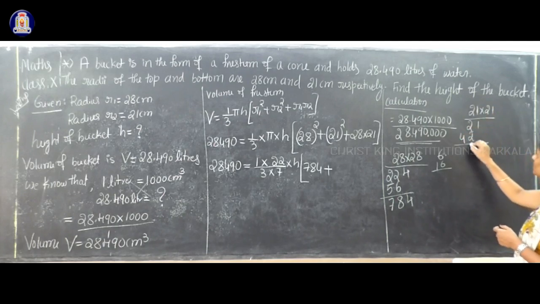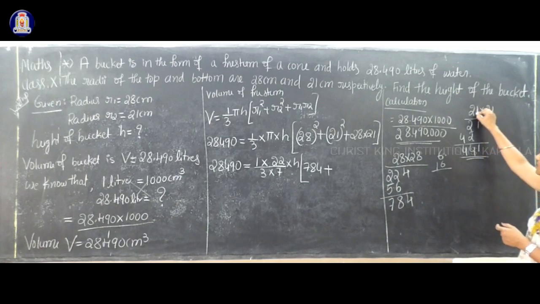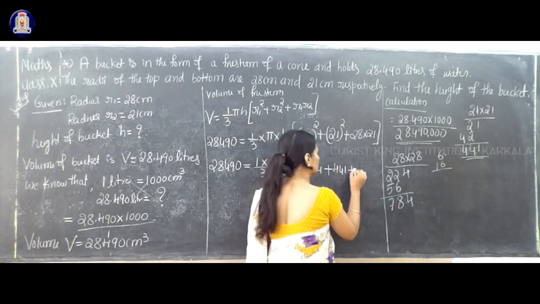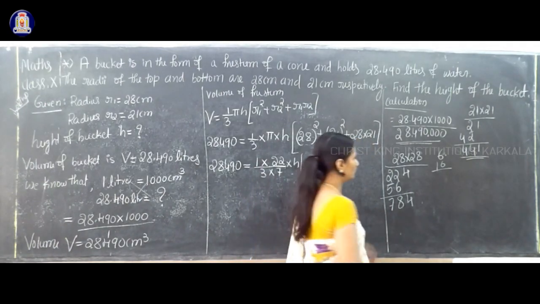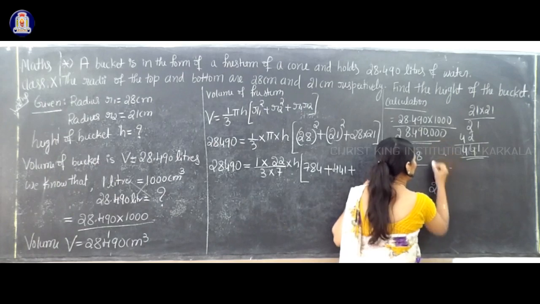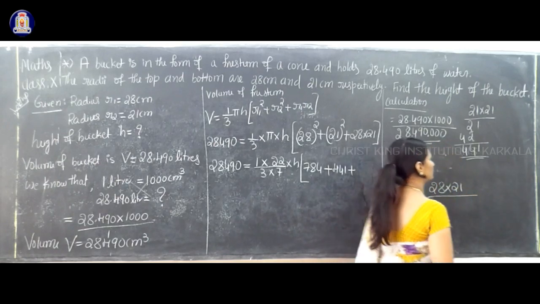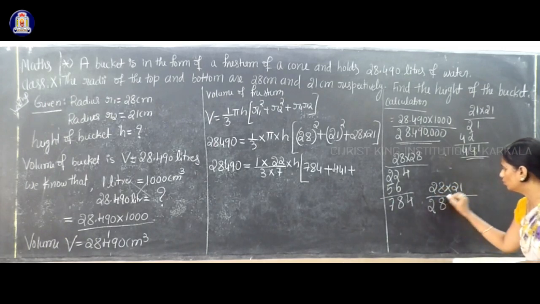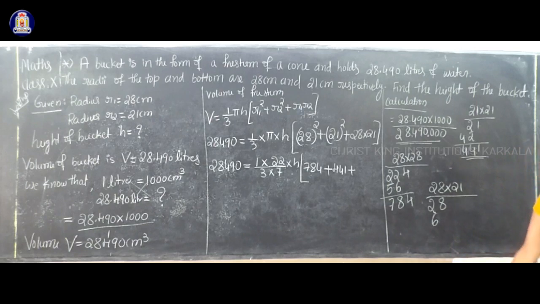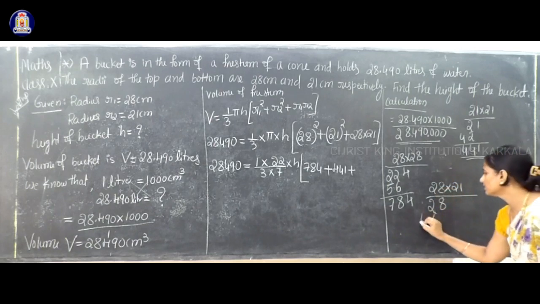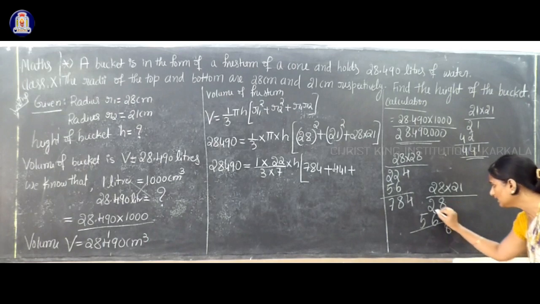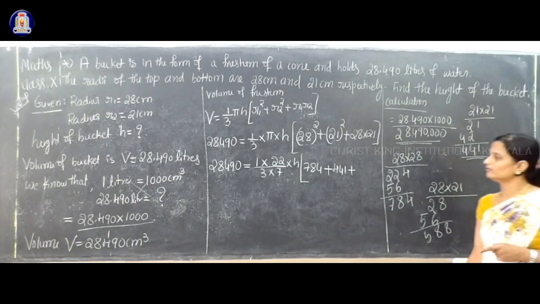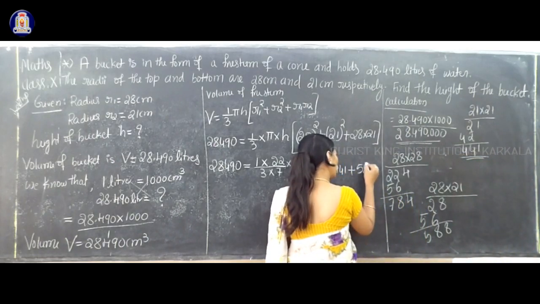So 21 into 21 is 441, plus 28 into 21. 1 into 8 is 8, 1 2 is 2, 2 8s are 16, 2 2s are 4, 4 plus 1 is 5, 2 plus 6 is 8. So it is 588.